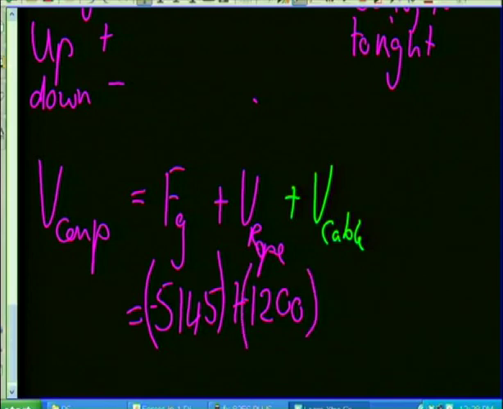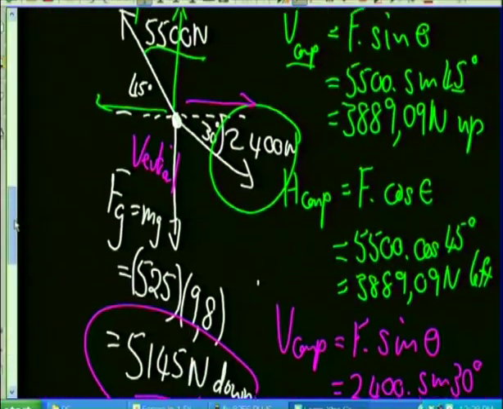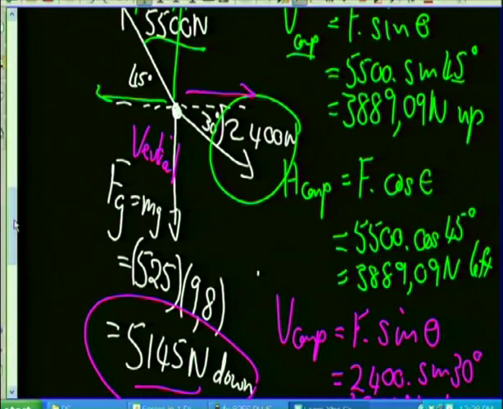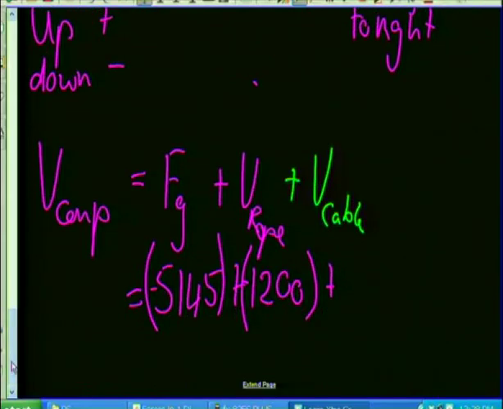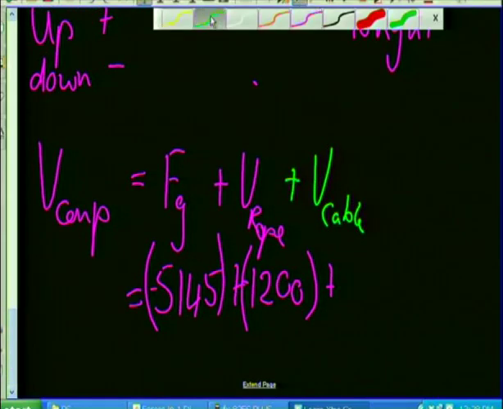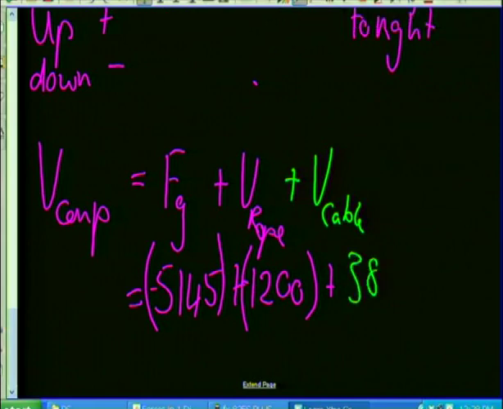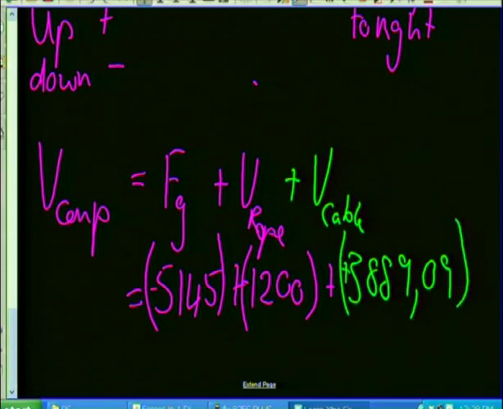So let's get our sign convention. We're going to add in the next one, which is the cable. And it was 3889.09. And notice that I'm putting this as a plus because it's up.